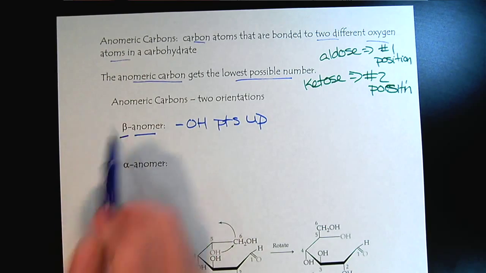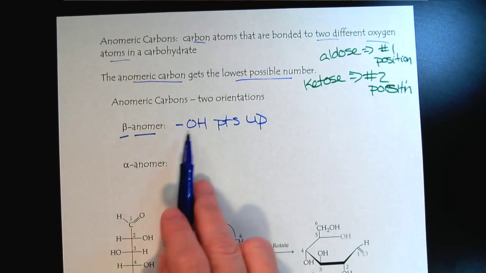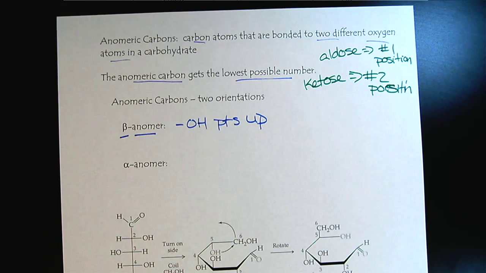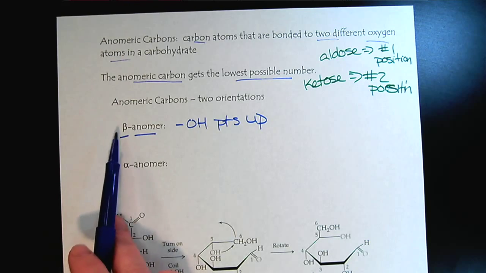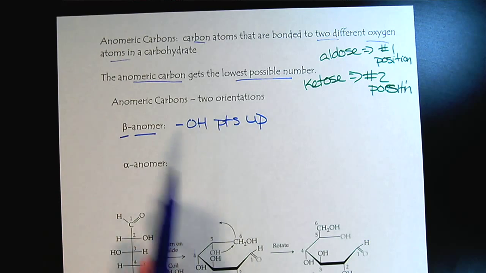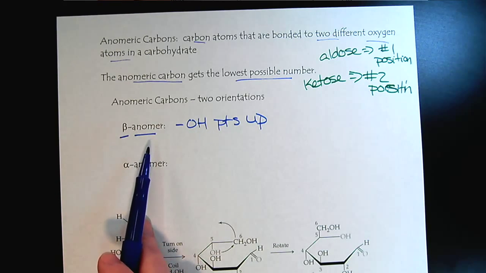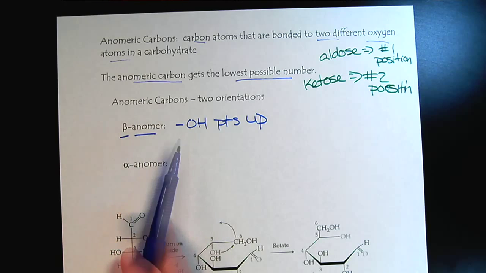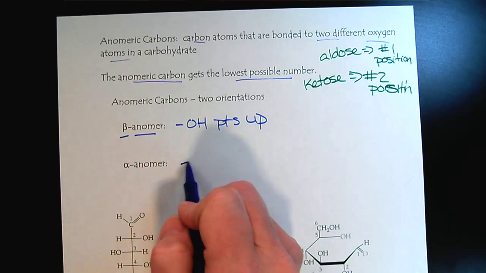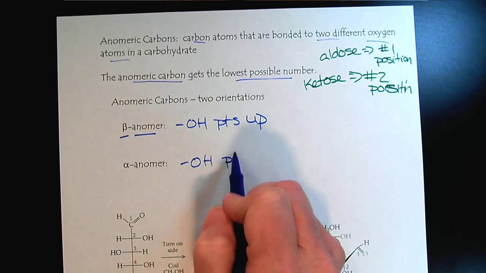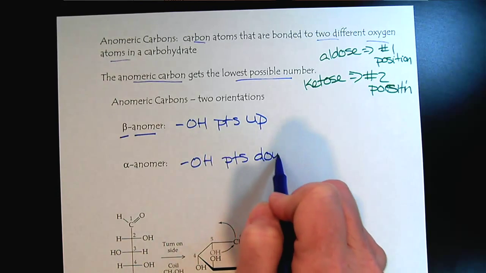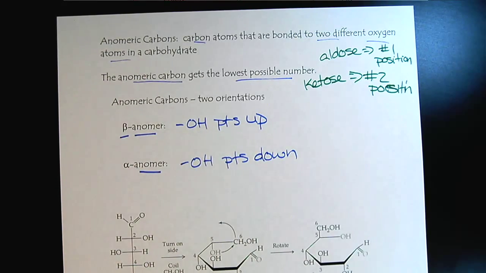So the beta, so bottoms up. So when the OH is up, a more wholesome idea would be to go butterflies. Butterflies fly up in the air. So that'll help us remember that the beta anomer goes up. Alpha is then the opposite, so the OH group points down on the anomeric carbon.